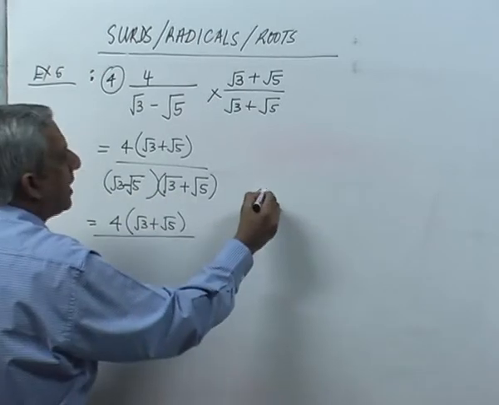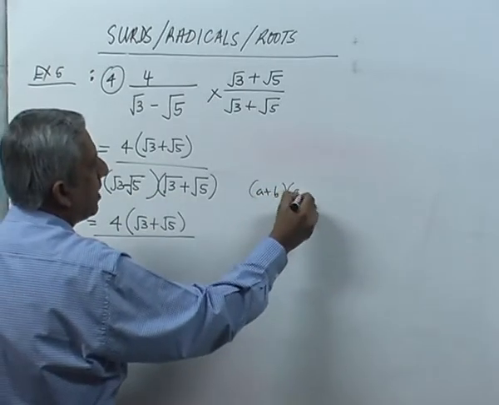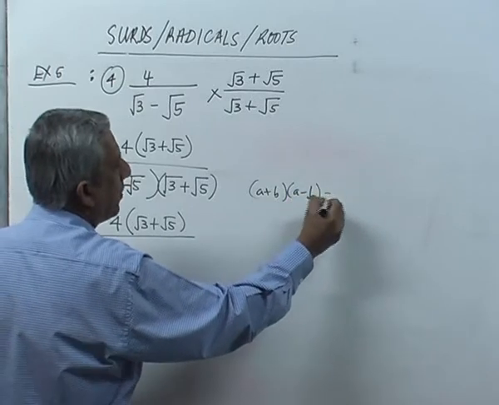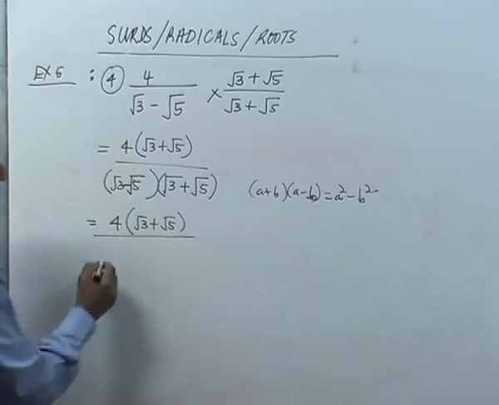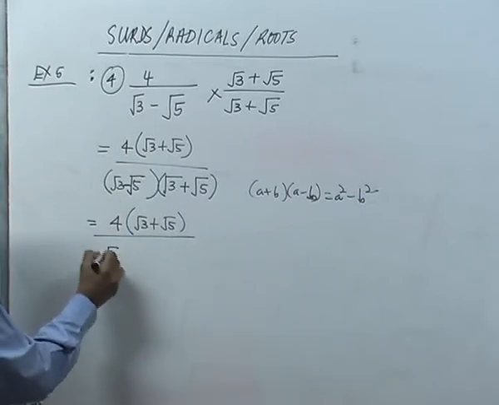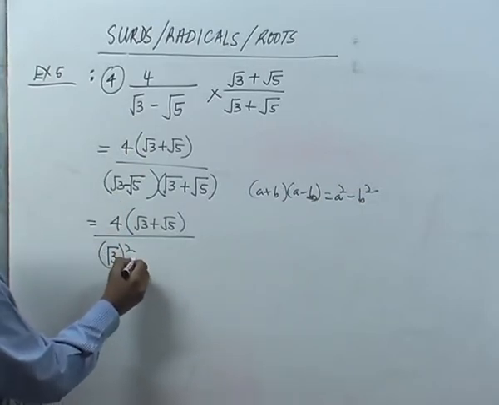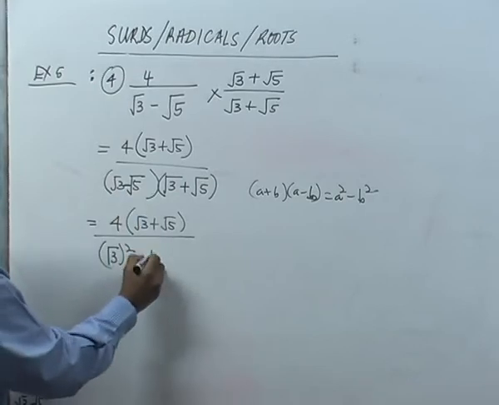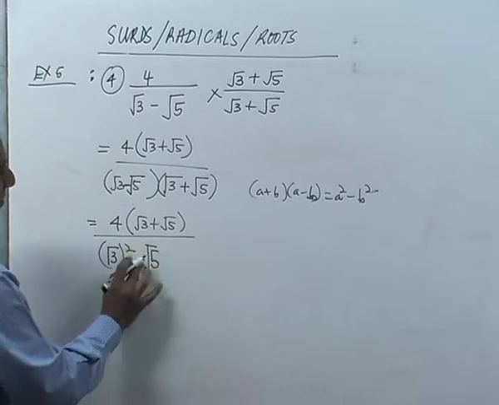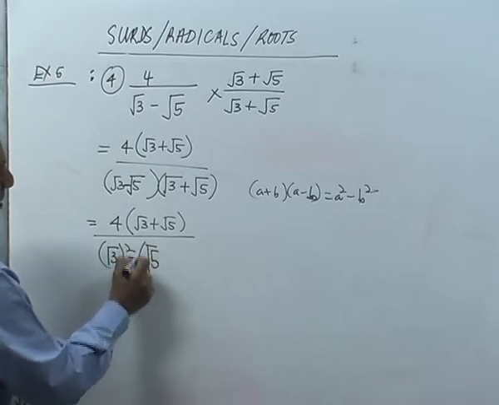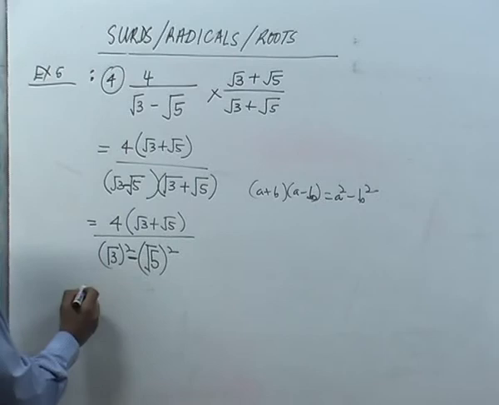Now, that's 4 into root 3 plus root 5 over. Again, this is a plus b into a minus b, which is a squared minus b squared. So your a here is root 3 squared. And your b here is root 5 squared.